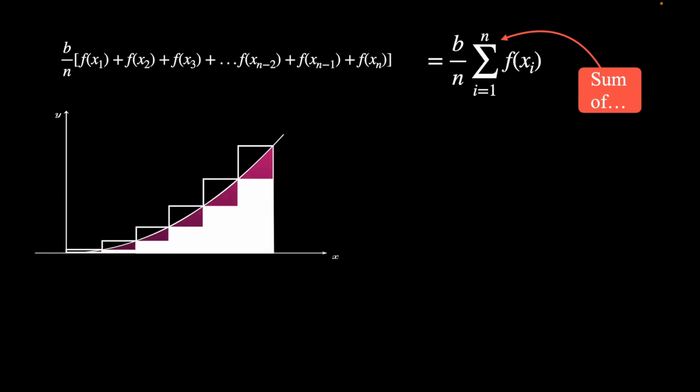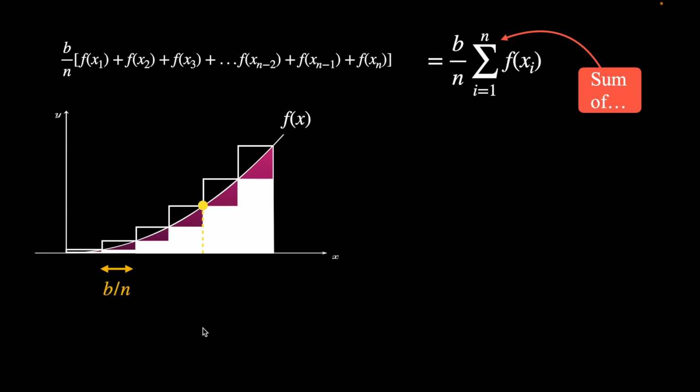Let's have a look at our diagram again. And we said we were looking at the curve of x squared. Now we're just going to look at a general curve, f of x, and we observed the width of those rectangles would be b over n if we looked at a domain from 0 to b. So let's have a look at a point on this curve, one of the heights of the rectangles, and let's say this was the fourth interval along.